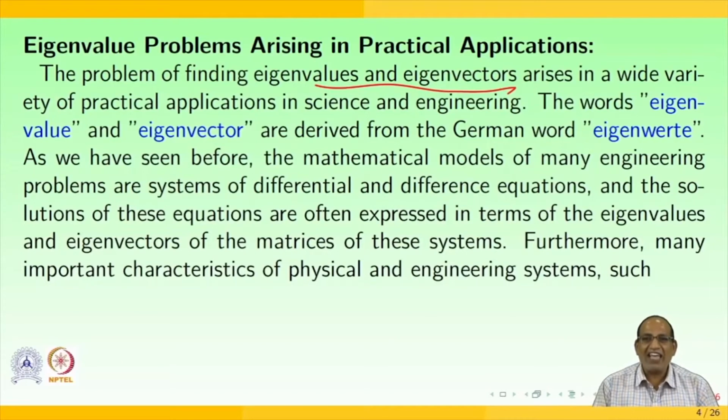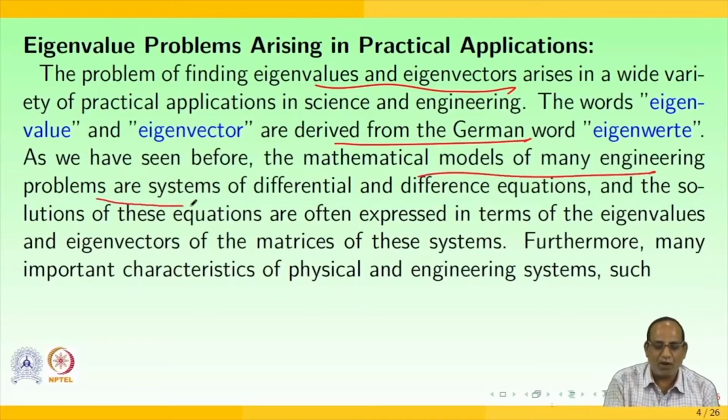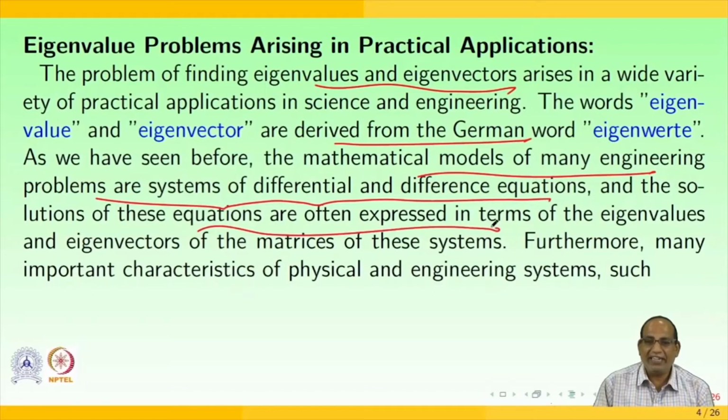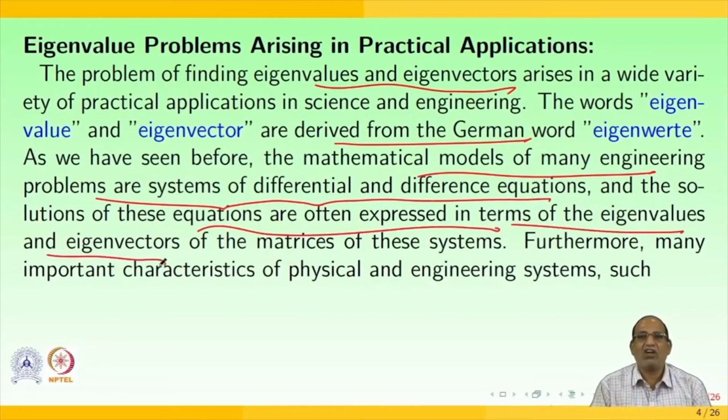The words eigenvalue and eigenvector are Greek words. As we have seen on a number of occasions, the mathematical models of many engineering problems are systems of differential and difference equations. The solutions of these equations are often expressed in terms of eigenvalues and eigenvectors of the matrices of these systems.